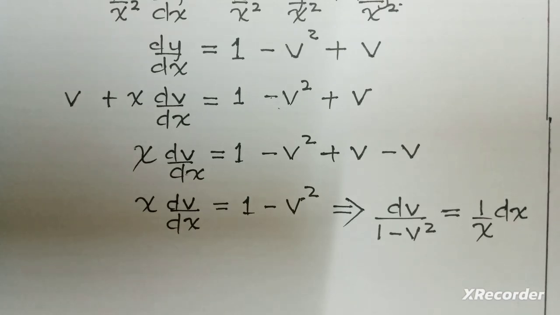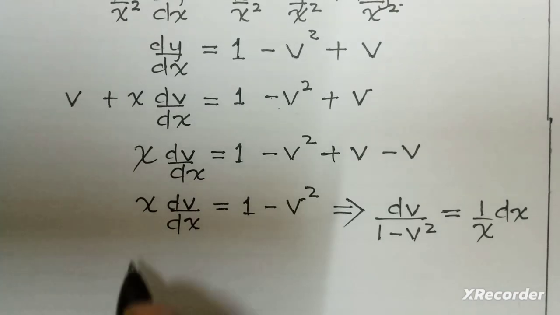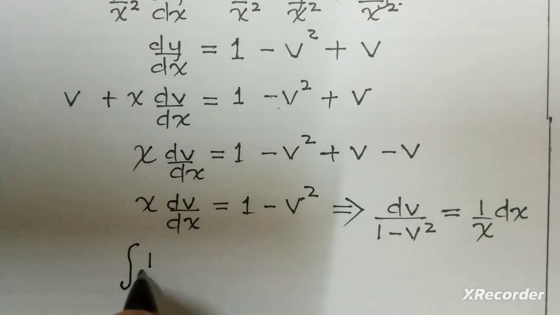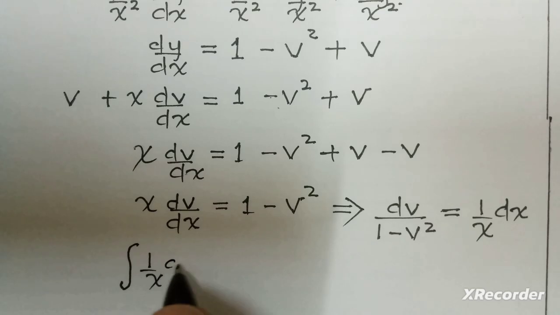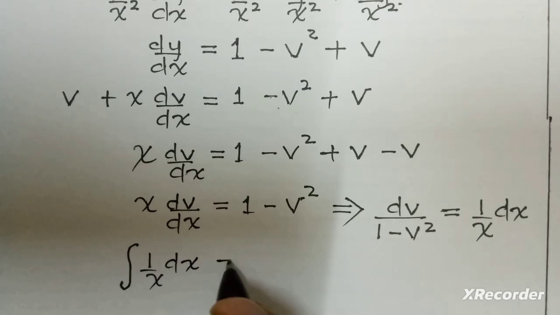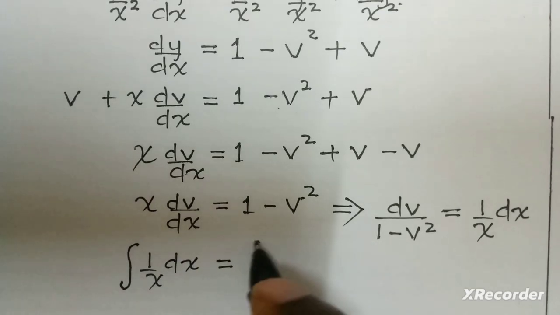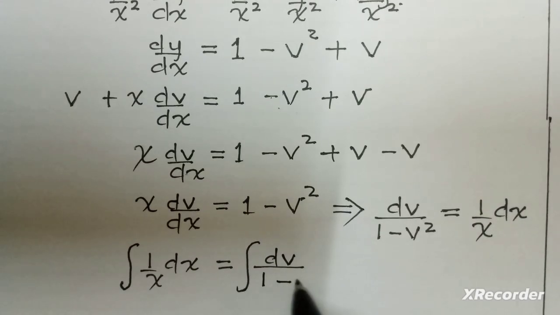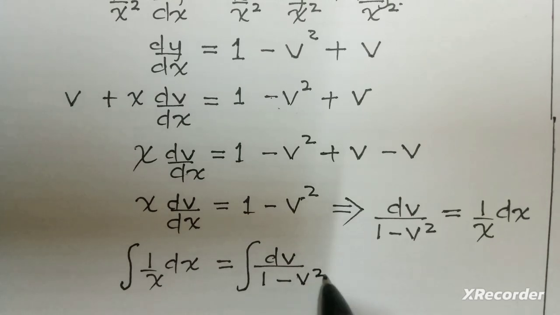So from there guys, we can integrate both sides. Maybe I can start with this 1 over x dx equal to the integral of dv all over 1 minus v squared.